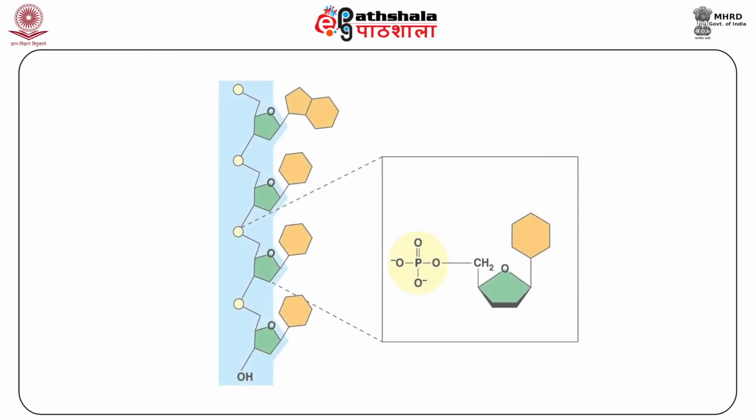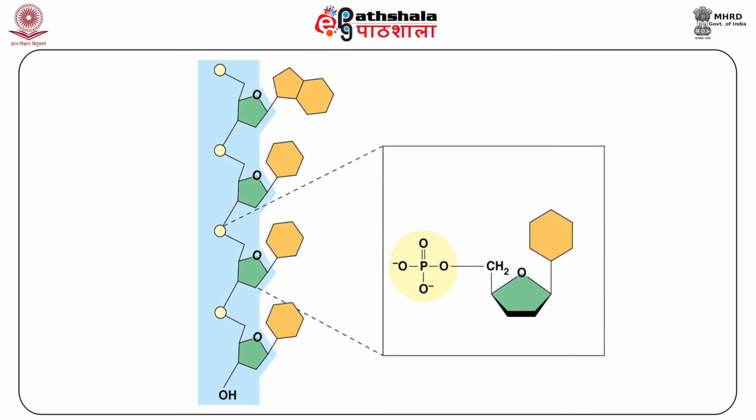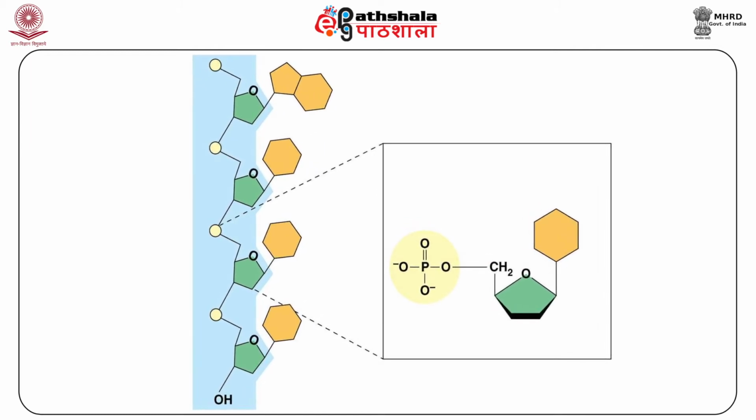Two or more nucleotides link together through 3' to 5' phosphodiester linkage to form a polynucleotide. DNA is a polynucleotide. So, in this manner, a long chain of polynucleotide constitutes DNA.